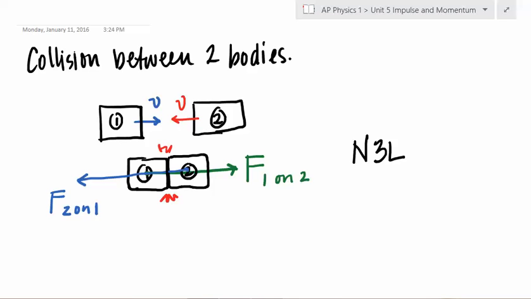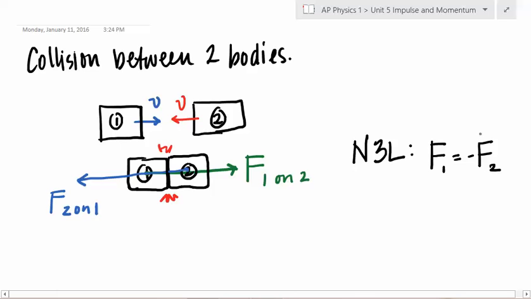Newton's third law is that for every force there is an equal and opposite force between two bodies. So the force of 1 on 2 should be equal but opposite in magnitude to the force of 2 on 1.